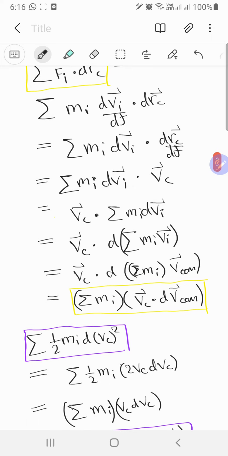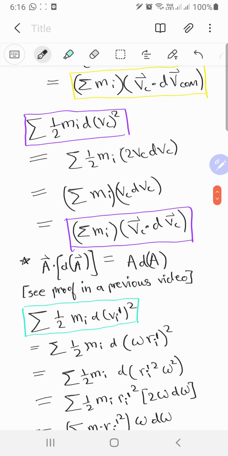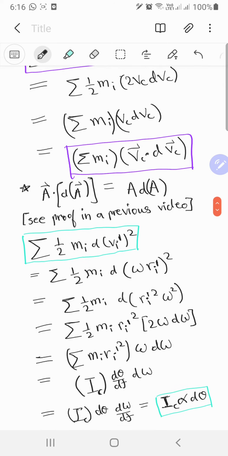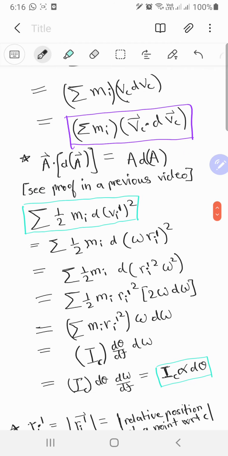Then we go to the purple part, which is the summation of half mi dvc squared, and this is easy, we can write this as summation of mi vc bar dot dvc bar. And here basically I use the fact that this thing and this thing will be equal, and that's quite easy to prove, but I will post a proof about that too.